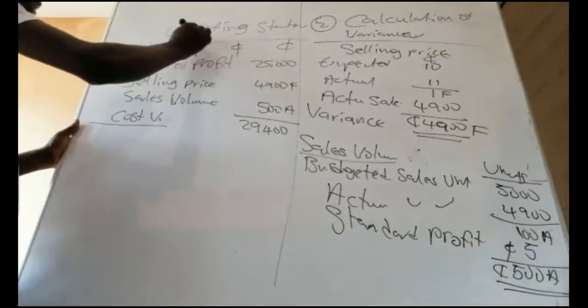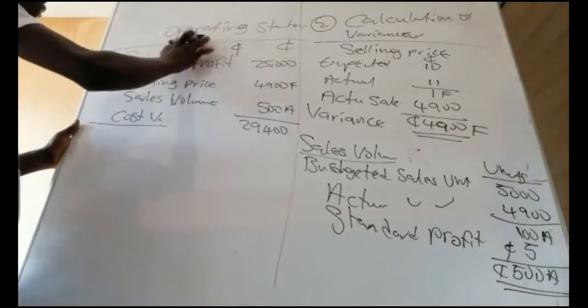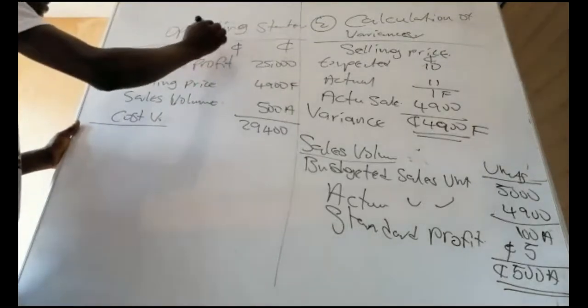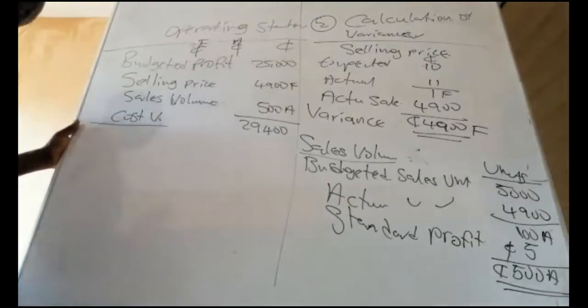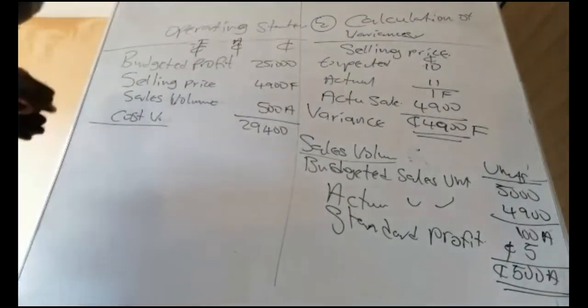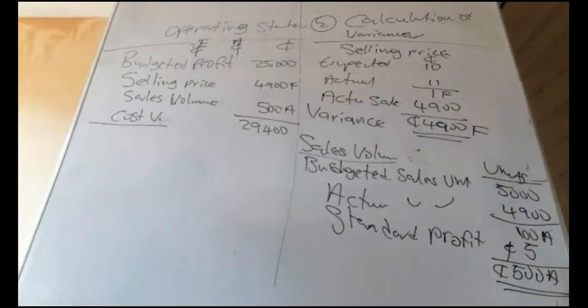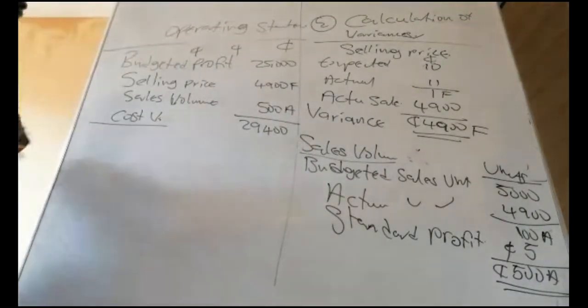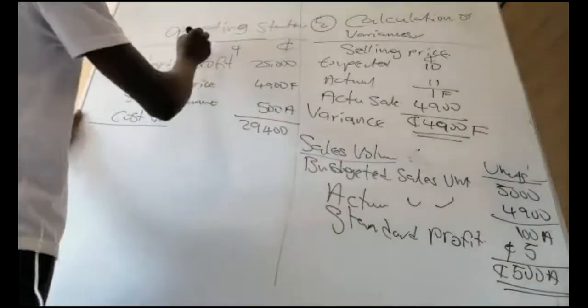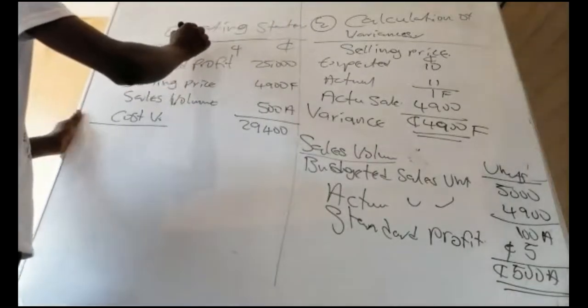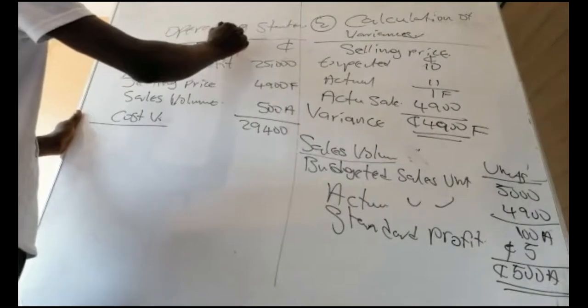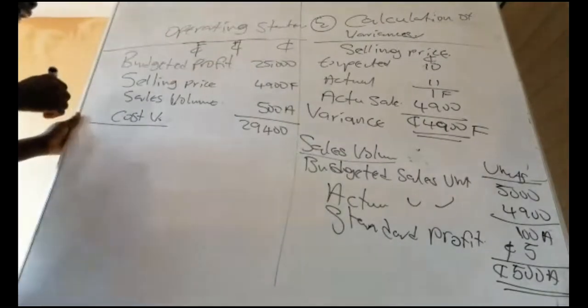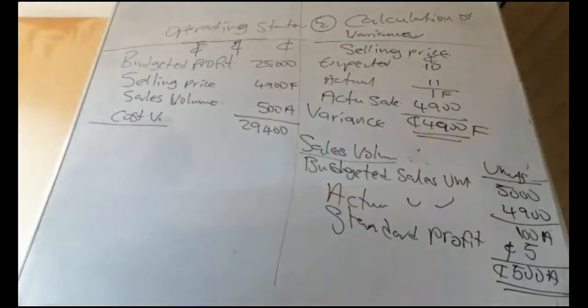So favorable will be on top, just F. Let's make here A as the adverse. So let's make here F, here A. Perfect. So all the cost variances must continue.